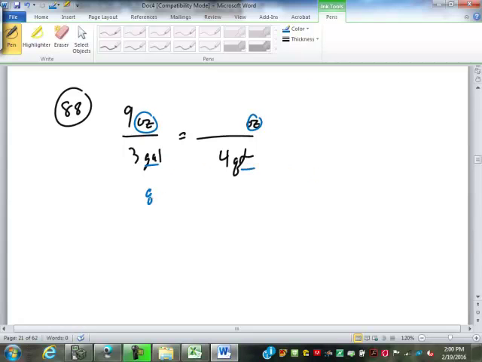I usually go to the smaller unit. That way my numbers don't get really weird decimals or fractions in them. There are 4 quarts in a gallon, so 3 gallons become 12 quarts. So now I can cross multiply and divide. 9 times 4 divided by 12 is going to give me 3 ounces.